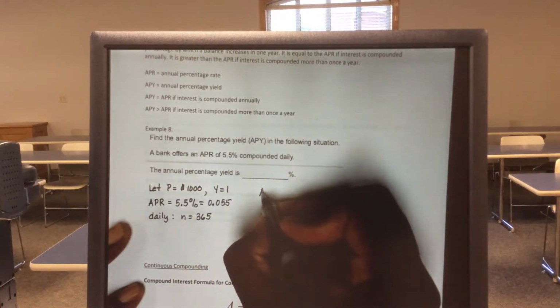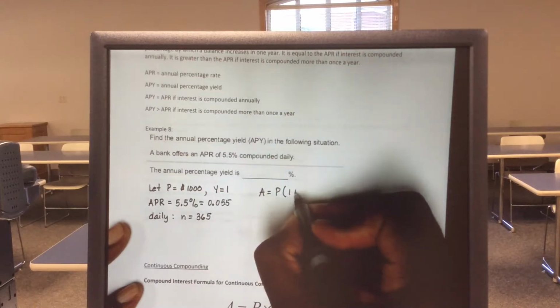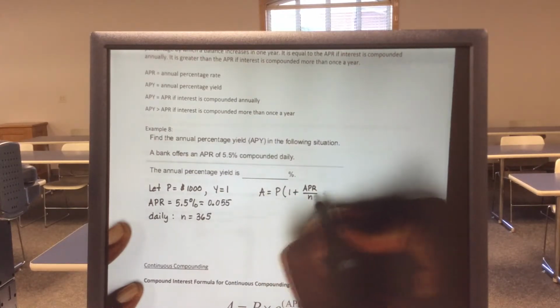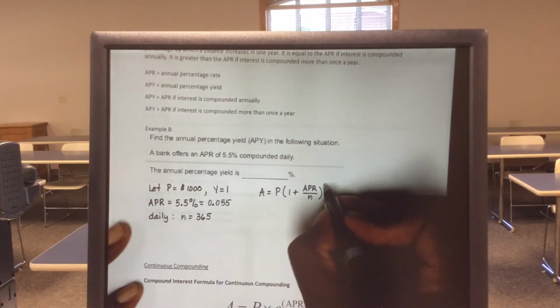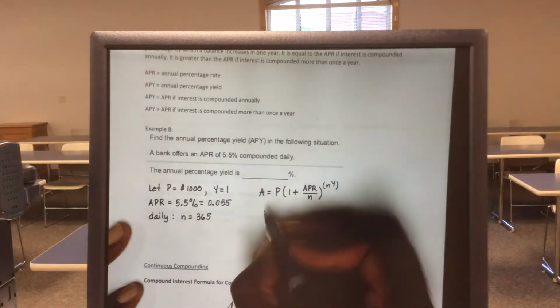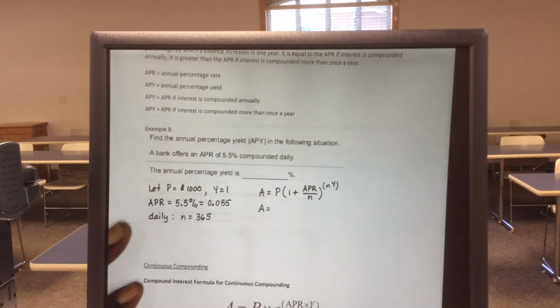So now we got to use that formula of A is equal to P times the quantity 1 plus APR divided by N raised to the N times Y power. We're going to find out what the amount is at 1 year compounded daily for a $1,000 investment.